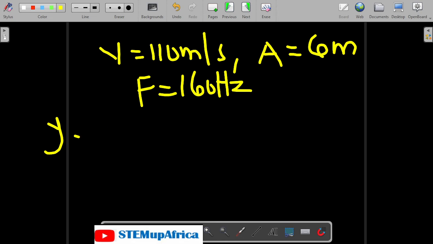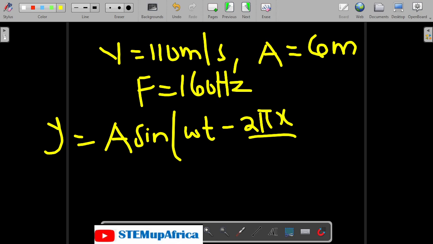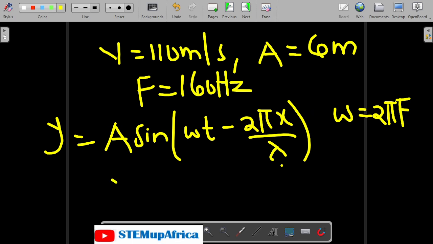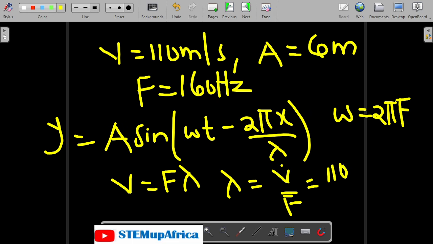We know that y is A sine of angular velocity times t minus 2 pi x over lambda, and angular velocity is 2 pi f. If you look very well, lambda is not given to us, but we have a relationship that V equals f lambda. So my lambda will simply be V over f, which is 110 divided by 160. That will give us 11 over 16 meters. That is now my wavelength.